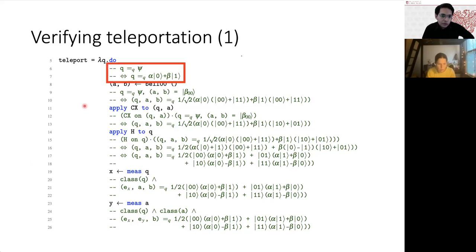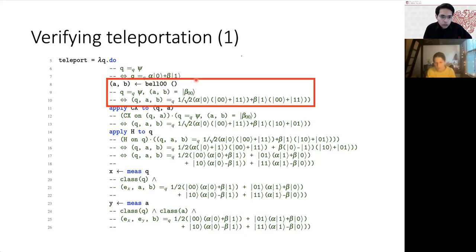So first of all, we said that the requirement was that Q should be psi. So we take that, and since it was arbitrary, we can write it in this form, alpha 0 plus beta 1. So an arbitrary single qubit state. Now, on a function call, the postcondition of Bell 00 was just AB equal to ket beta 00. So that can be appended here.